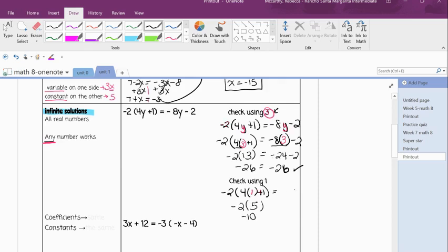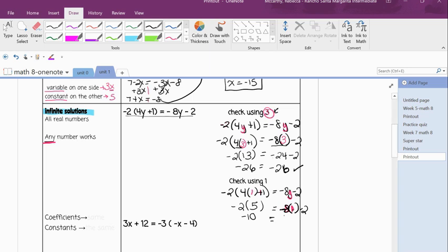I'm going to write the original. What I'm doing is writing this piece here, negative 8y minus 2, and every time I see the y, I'm replacing it with a 1. So I have negative 8 times 1 minus 2.